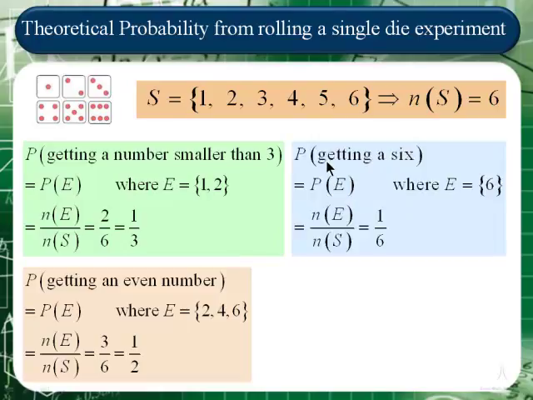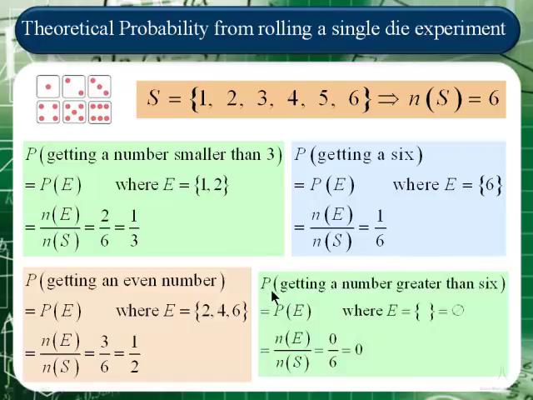In the third example, what is the probability of getting a 6? So the event here is the subset containing the outcome 6 only. So the probability of the event is the cardinal number of the event, which is 1, divided by the cardinal number of S, which is 6. So the probability is 1 over 6. And finally, the probability of getting a number greater than 6.